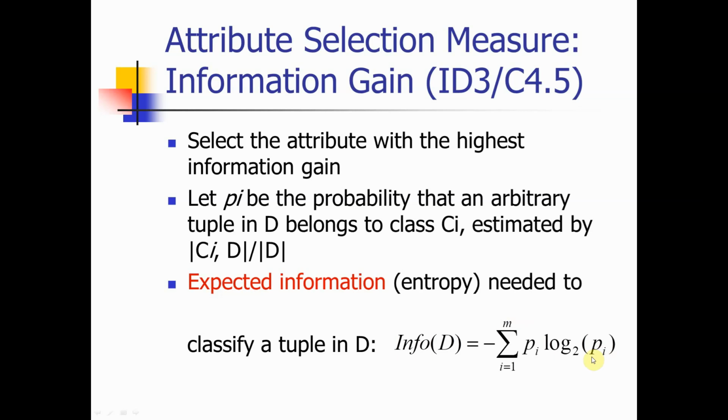One more thing you need to pay attention to is that since the probability is always less than 1, after you take log 2 of a value less than 1, you will get a negative value. That's why we have a negative sign in front of it. So we basically sum up the values of the different categories in that label, and that is what we call entropy.